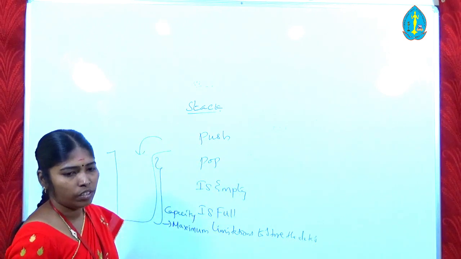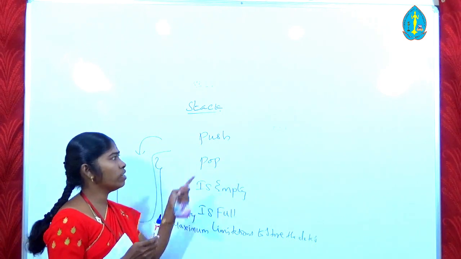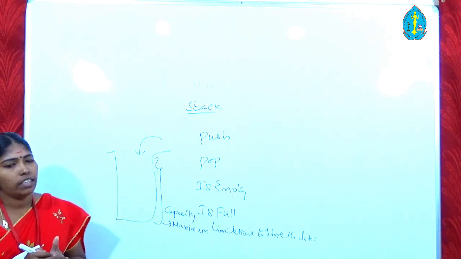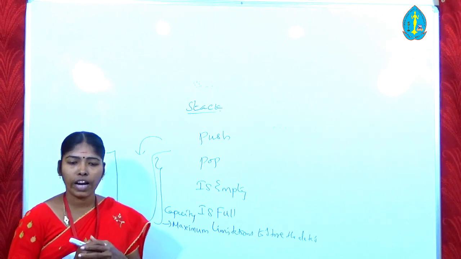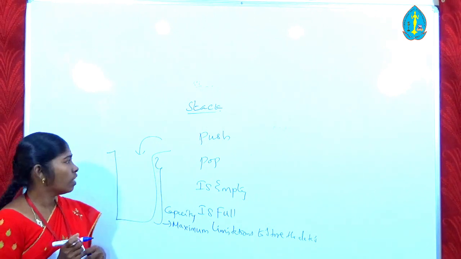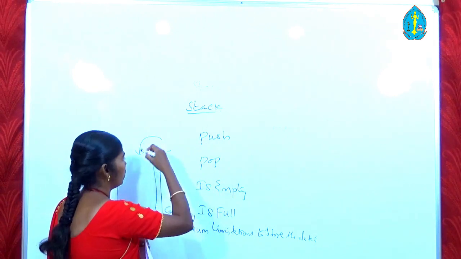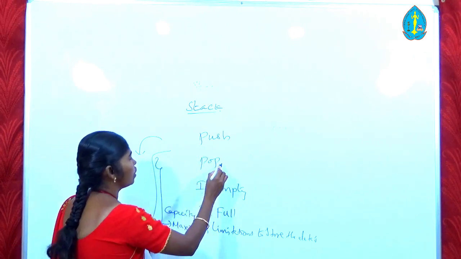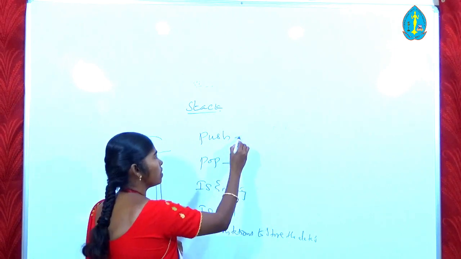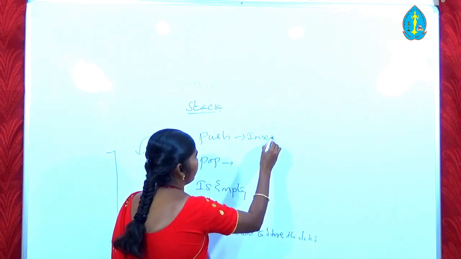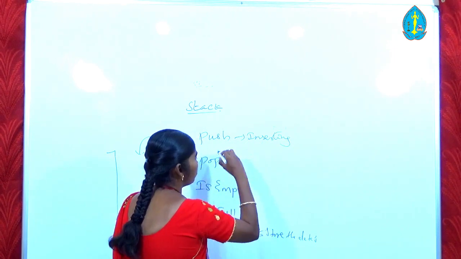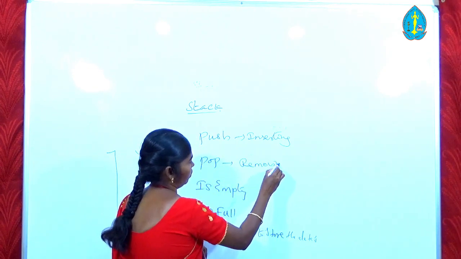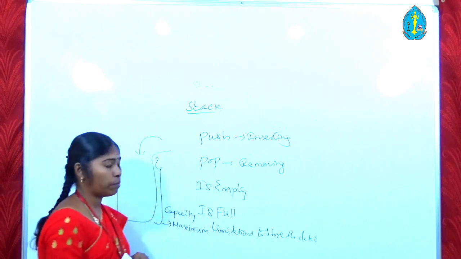The first operation is called push. Push means inserting an item into the stack. We insert the item into the stack using the push operation. Pop means removing the item from that stack.